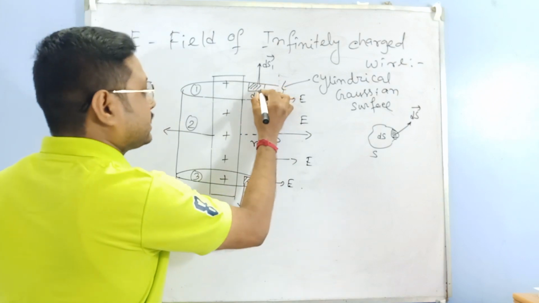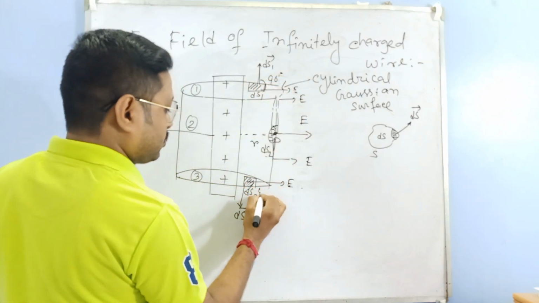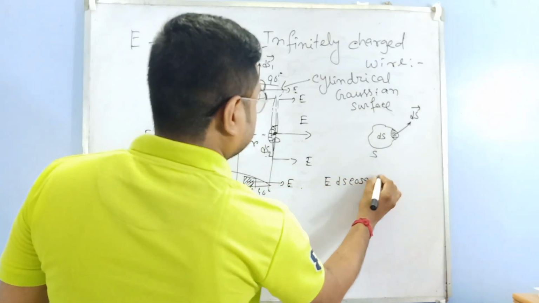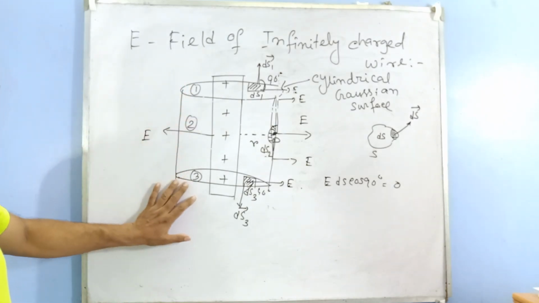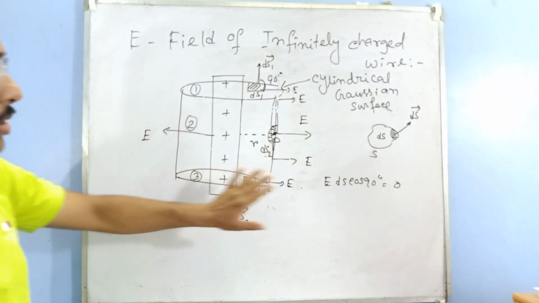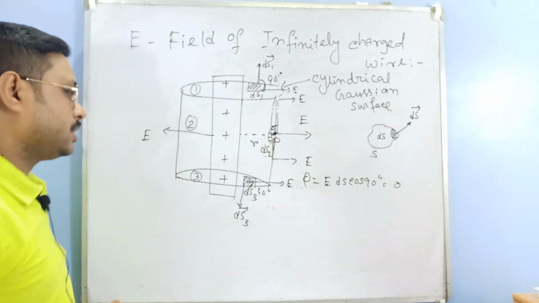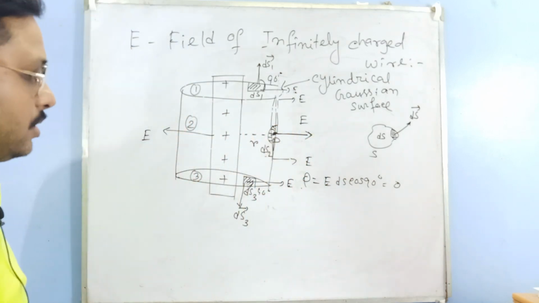In the two end faces, E makes a 90-degree angle with the area vector. So here, as we know, E dS cos 90 is 0. So for face 1 and face 3, the total flux is 0. So we only consider the flux for face 2.